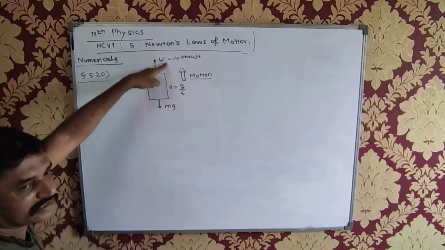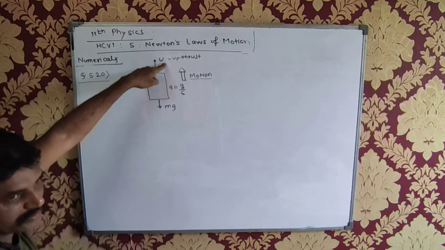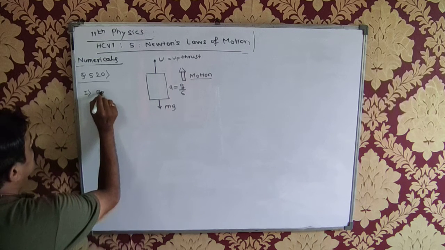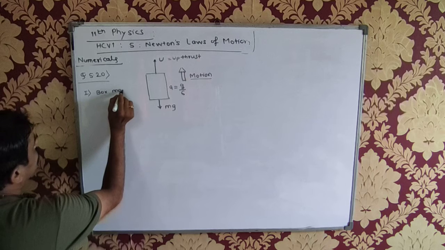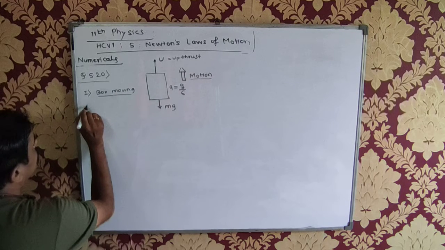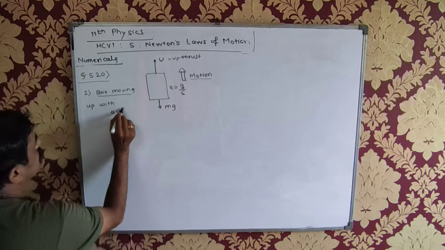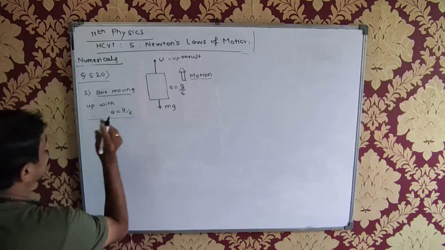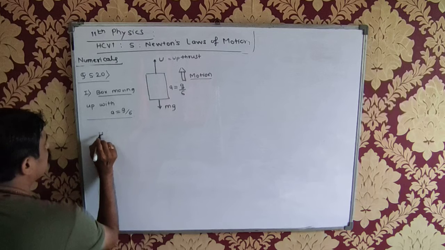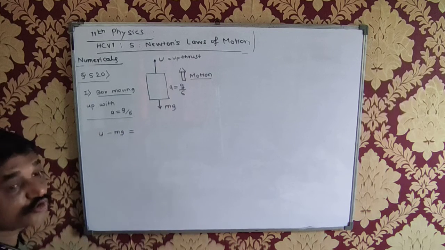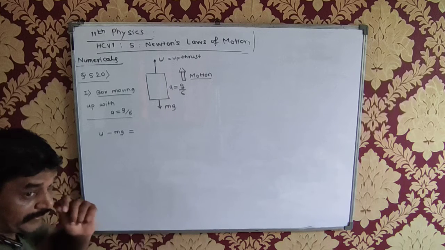इसमें ये जी का है. This is the free body diagram in case 1. The box moving up with acceleration g by 6. समझे क्या? So इसमें this is u minus mg is equal to force is equal to ma.